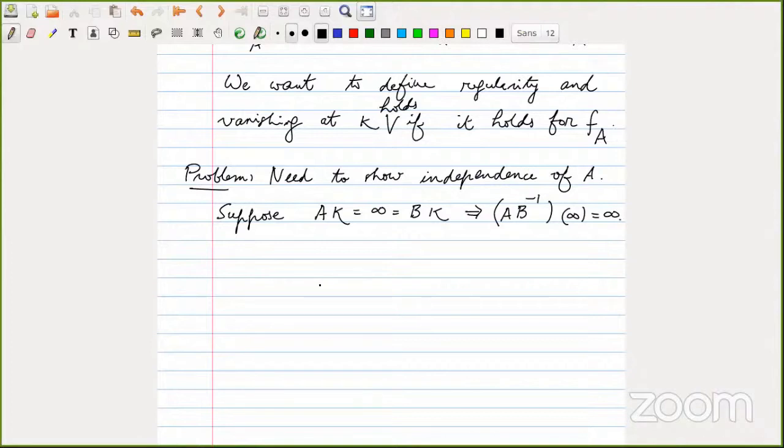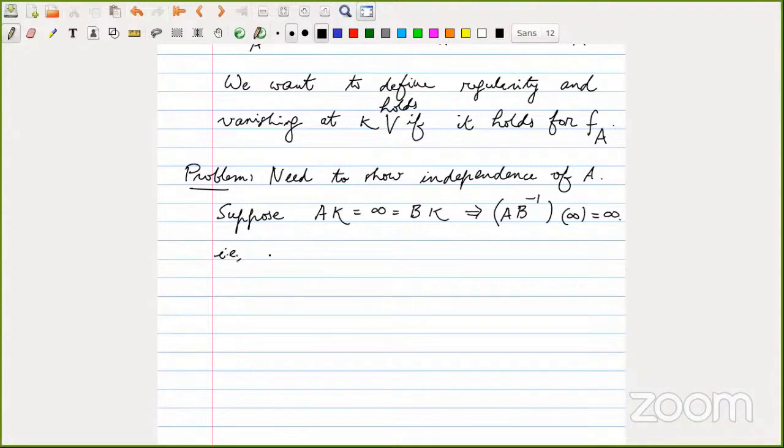Okay, so what is the upshot? The upshot is that it's enough to look at matrices with fixed infinity. I mean, it's enough to take kappa equal to infinity itself.